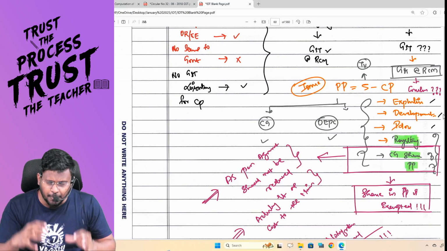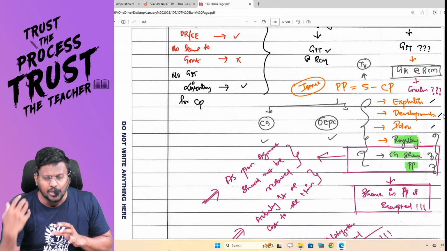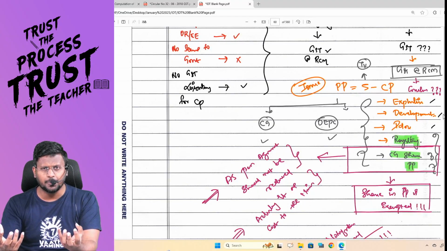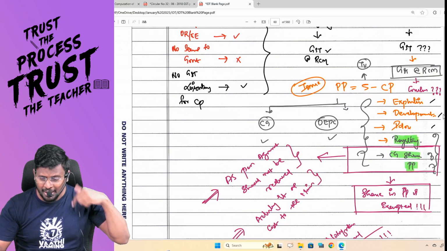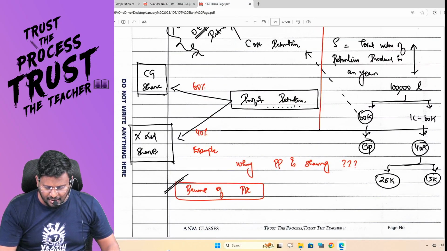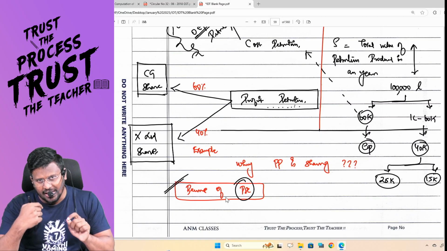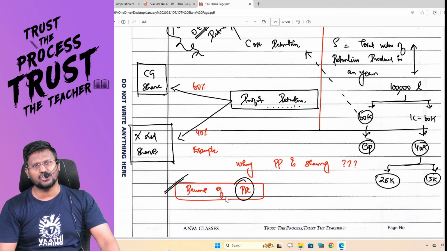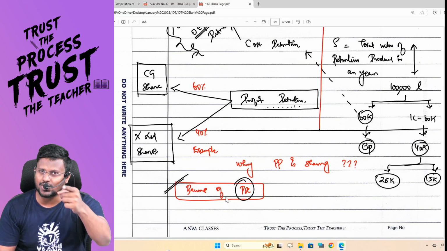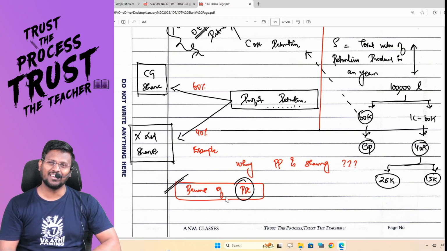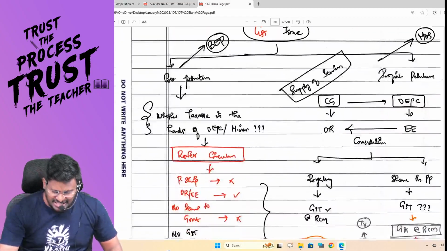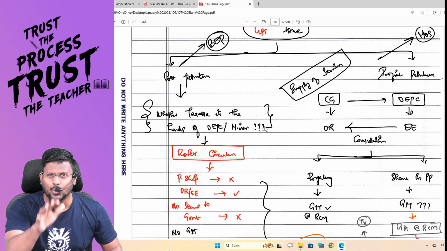Once you extract the petroleum, you can find out the cost petroleum. Once you find out the cost petroleum, if you reduce it from the total petroleum, you will get the profit petroleum. Sir, from that profit petroleum, as per the agreement we have entered into in the PSC, you have to share with us the central government's share of profit. The balance is your share of profit. For that only you are playing this much drama. So these are not supplies made to the government.